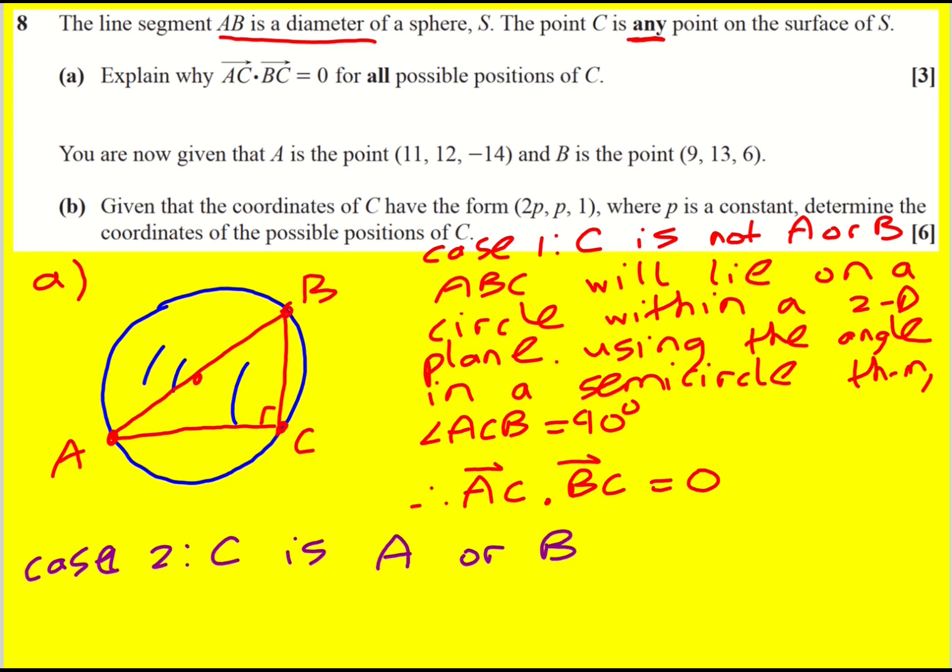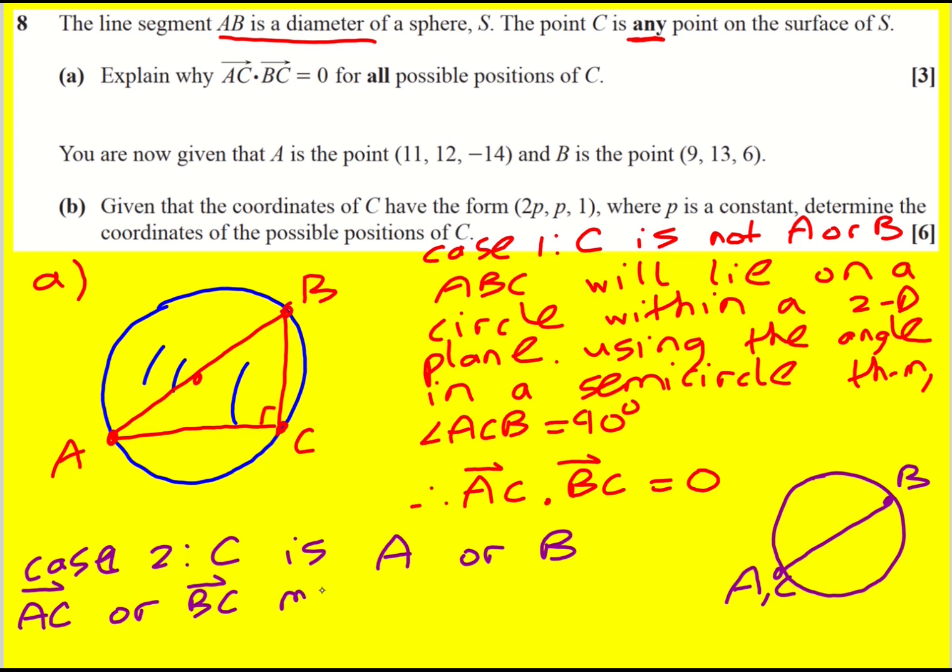But if that's the situation, let me just draw a little sketch over here. Say this is B and this is A and C at the same time. Then AC in my case would actually be the 0 vector. So AC or BC must be 0.